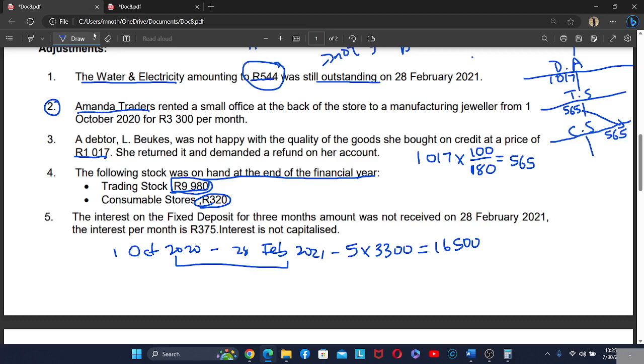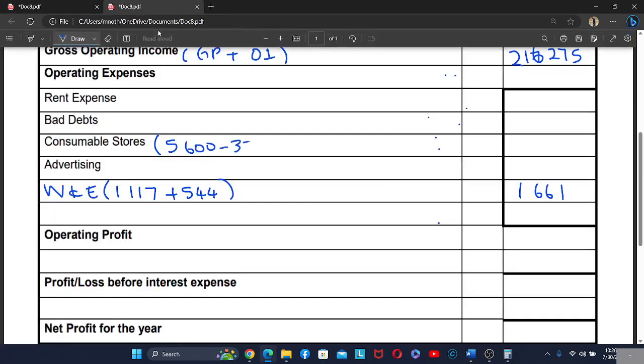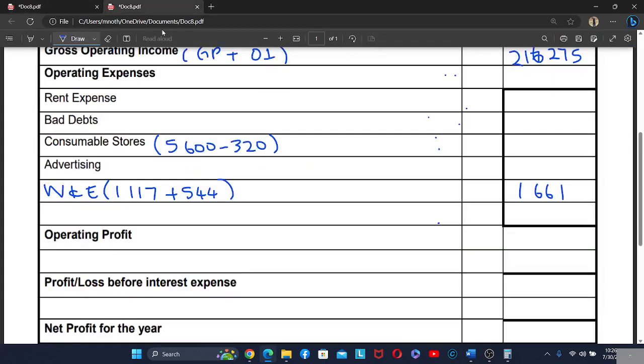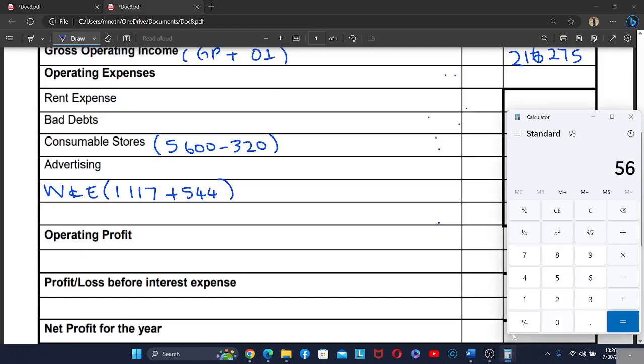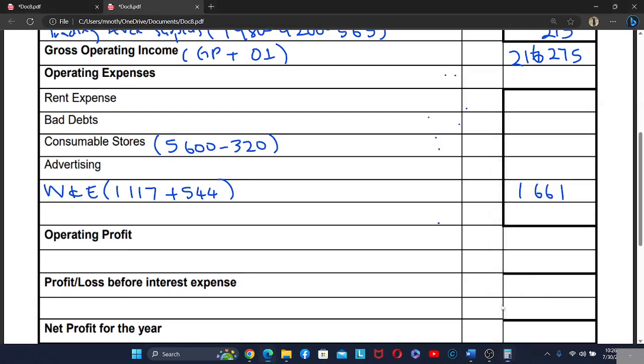But at the end of the year, if it is found that some of them are still remaining, we must go to the expense account and subtract the ones that are still remaining or on hand. So here we have consumable stores which are on hand. We must go and subtract them from the consumables. So minus 320. 5,600 minus 320 is going to be 5,280.